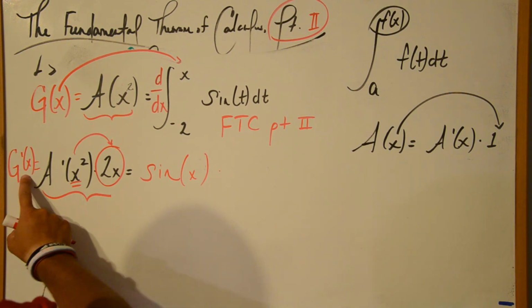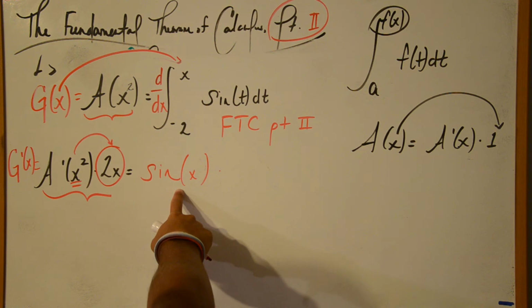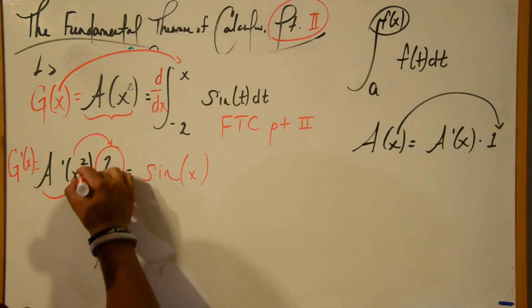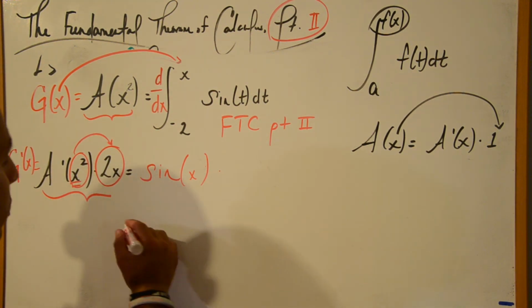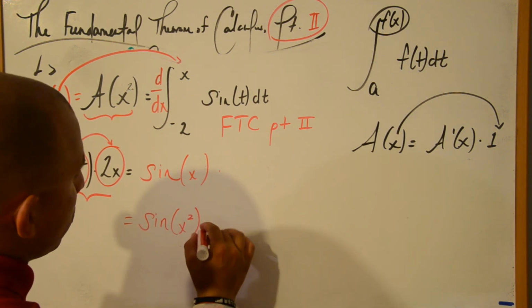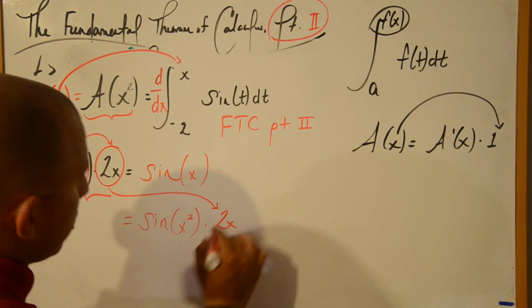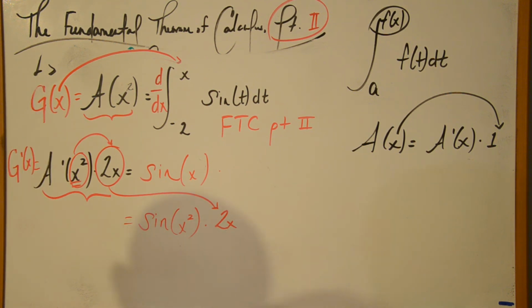So g prime of x is equal to sine of x. Okay? However, we need to make sure that we compose or insert our original input, so sine of x squared, while remembering to account for that because of the chain rule.